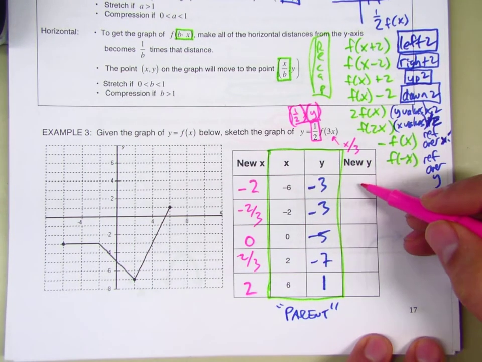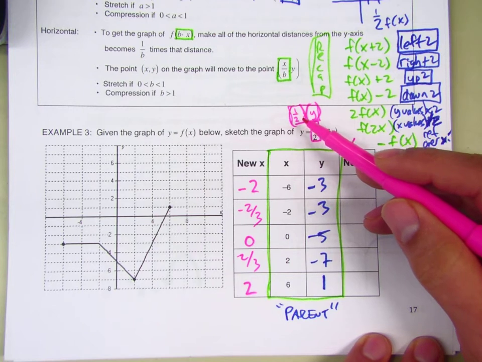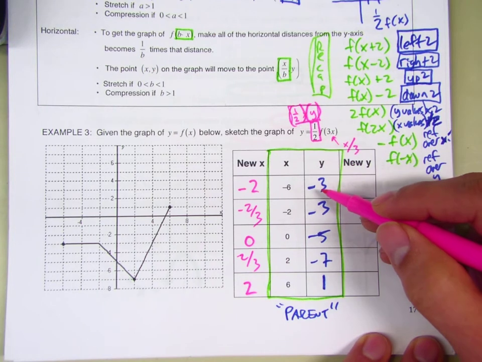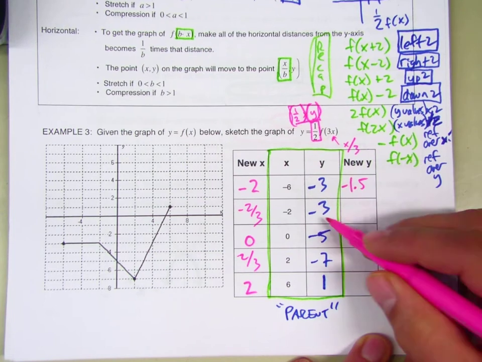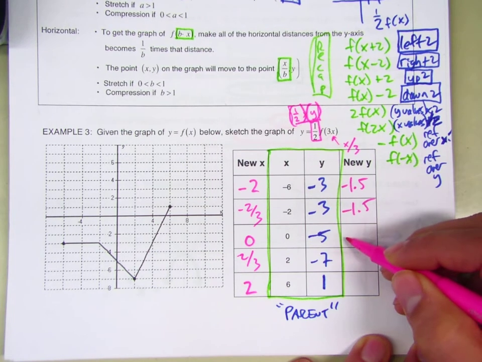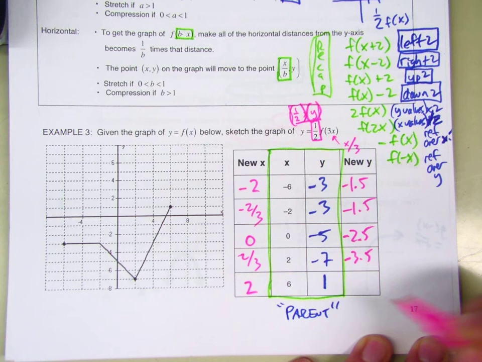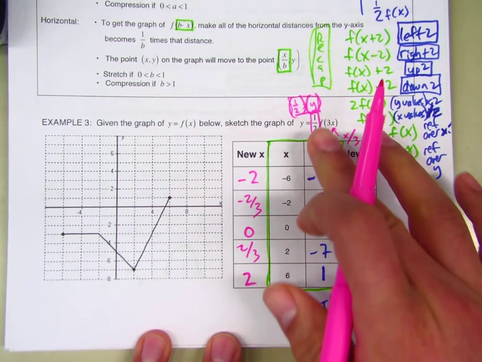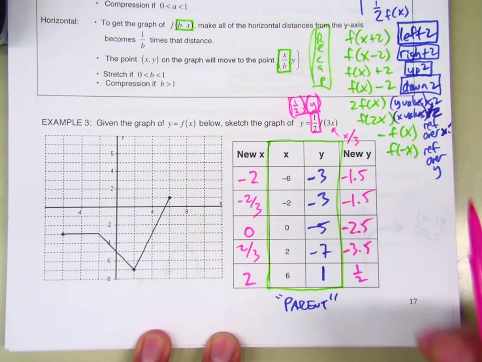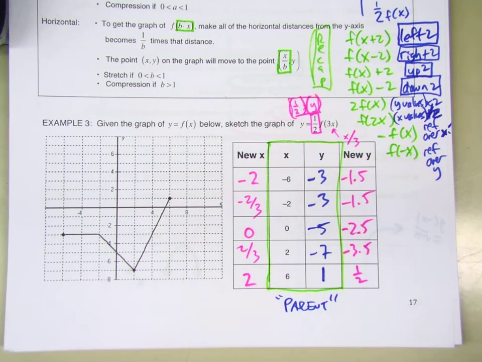And now my y values are all getting multiplied by 1/2. So what's 1/2 of -3? Here it's -1.5, and then 1/2 of -5 is -2.5, 1/2 of -7 is -3.5, and then 1/2 of 1 is 1/2. So after these 2 rules get applied, the pink values are the new coordinates that you're going to graph.